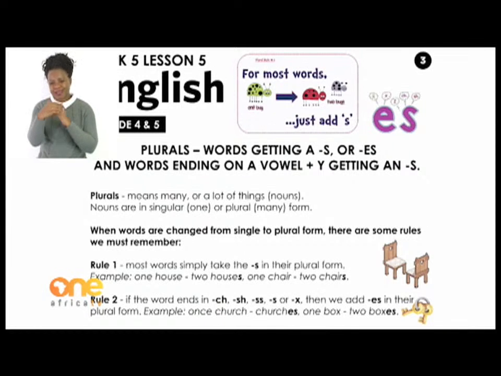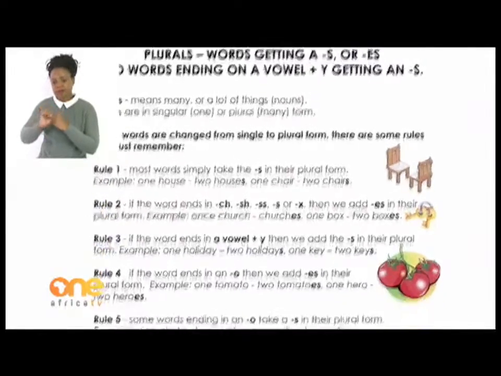Rule number 2. If the word ends in CH, SH, double S or SS, S, or X, then we add ES. This is simple. Let's look at the examples.